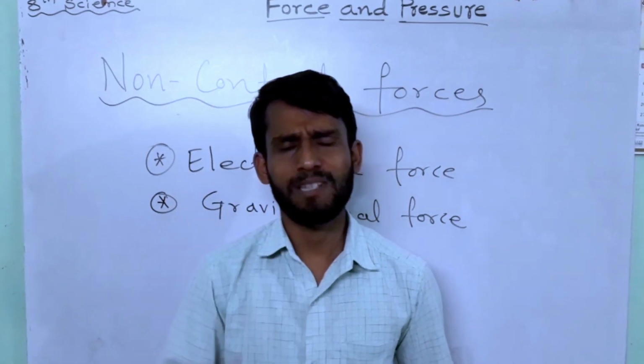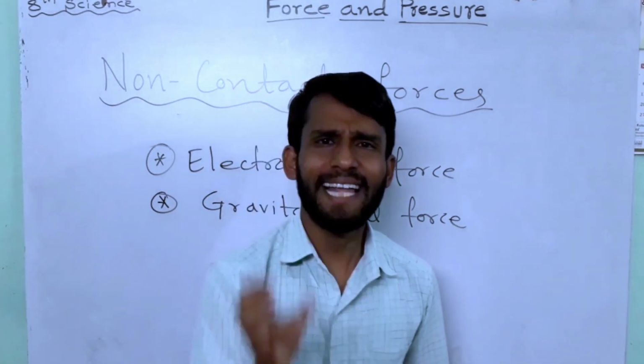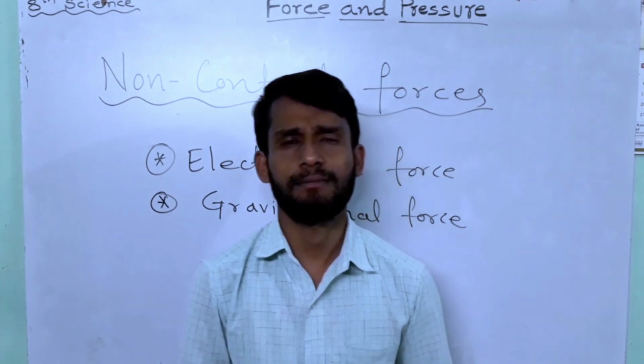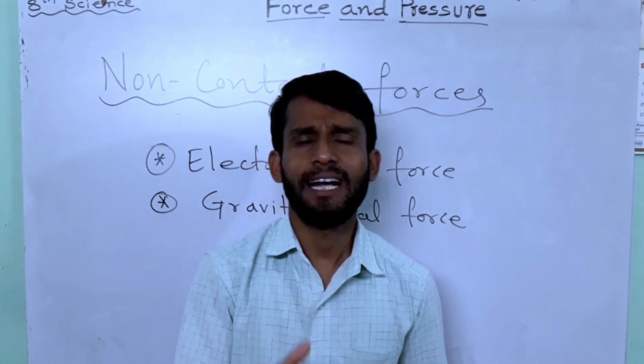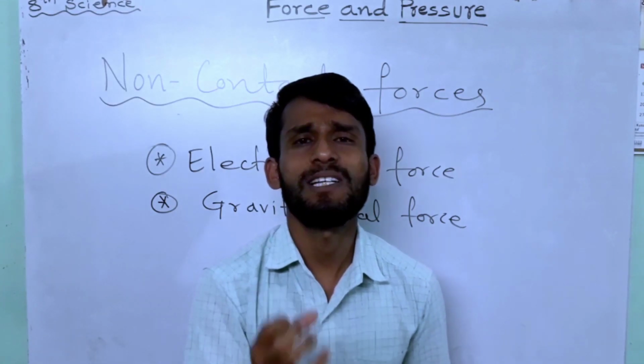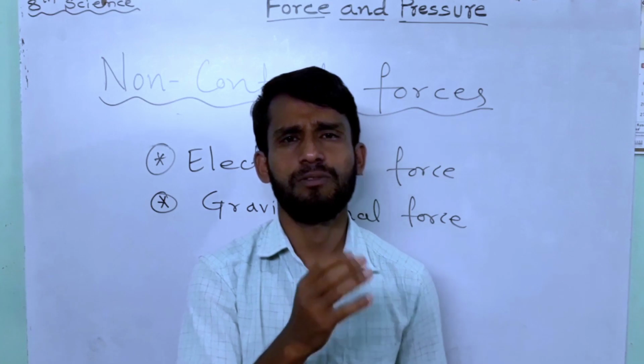It moves towards the earth only because of the gravitational force that attracts all objects present in the universe. All those objects are pulled towards the earth. This is gravitational force.